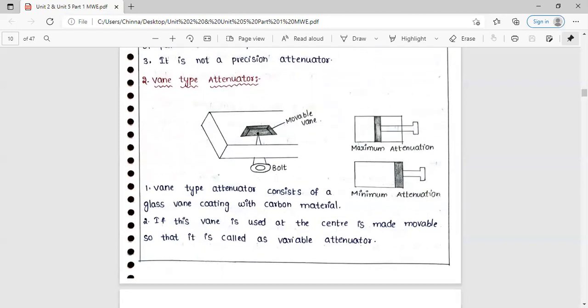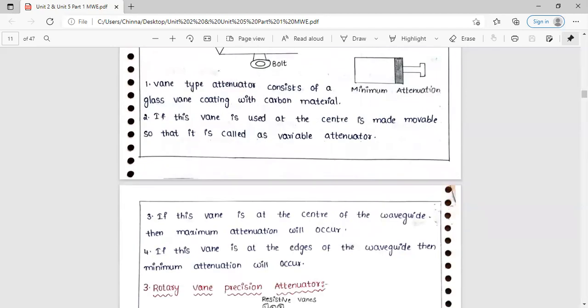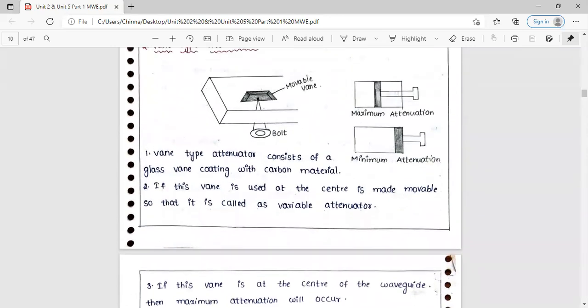So you can see the maximum attenuation and minimum attenuation. When the vane is placed across the edges of the waveguide, the minimum attenuation will occur. When the vane is at the center of the waveguide, the maximum attenuation will occur.